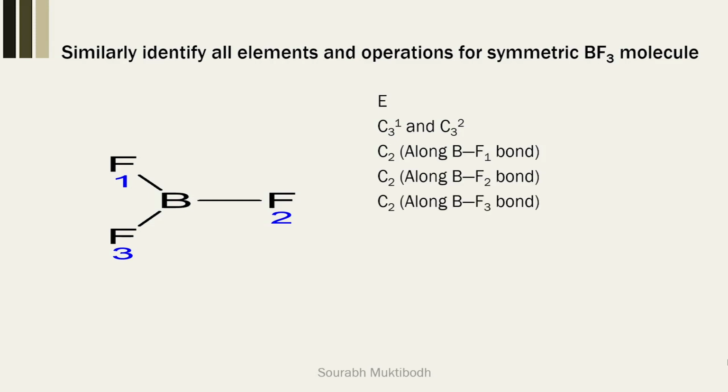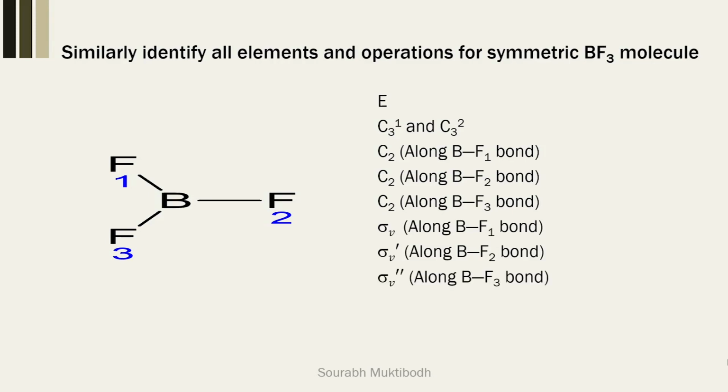So there are 3 C2s which are perpendicular to the principal C3 axis, and the 3 vertical planes, sigma v along BF1 bond, sigma v dash along BF2 bond, sigma v double dash along BF3 bond, and because the molecule is flat, it has a molecular plane which is perpendicular to the principal axis. But that's not all. It also has improper rotations S3^1 and S3^2. So that makes a total of about 12 symmetry operations existing in this molecule.